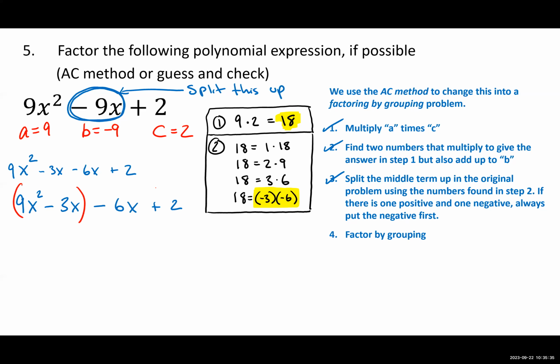Now, we have to be careful here because watch what happens. I'm going to do this slowly. If we throw parentheses around the last two terms, there's got to be something in the middle, a plus or a minus, to separate the parentheses, or else it's multiplication. In the original problem, that negative sign was only affecting the 6x. Once we threw on the parentheses, this negative sign is affecting the 6x and the 2.